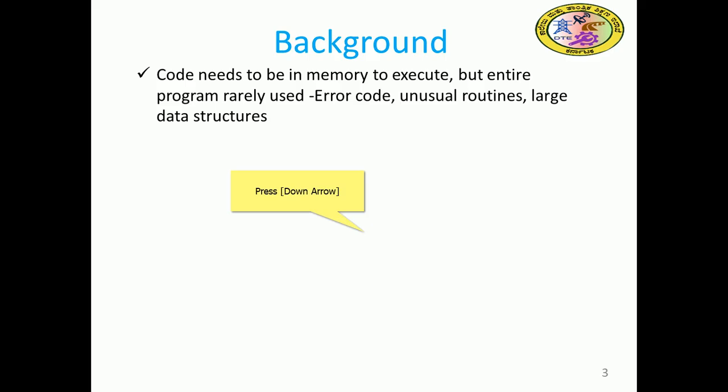At a given instant of time, all three pieces of code may not be essential, right? Similarly here, only the needed, essential code we keep in memory, and the other code we have to keep aside, right?